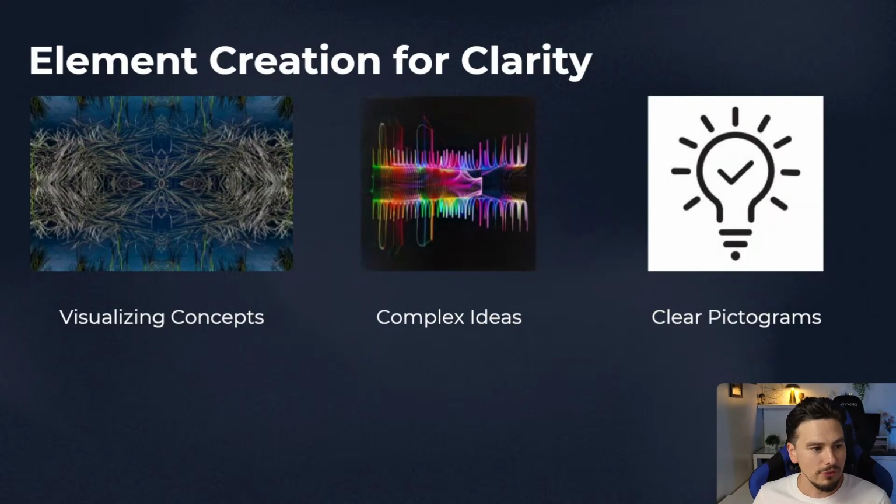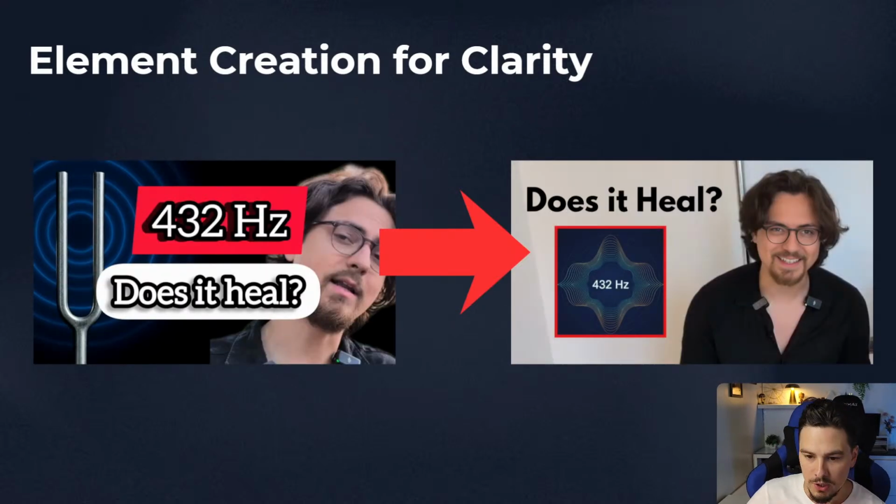Something I forgot is that sometimes we can also use AI for something so complex that I don't know how to make it. The best example was here. He is in our community as well, and he's talking about science and music. In this example, as you can see, does this frequency of 432 hertz heal? On the left was the original one.